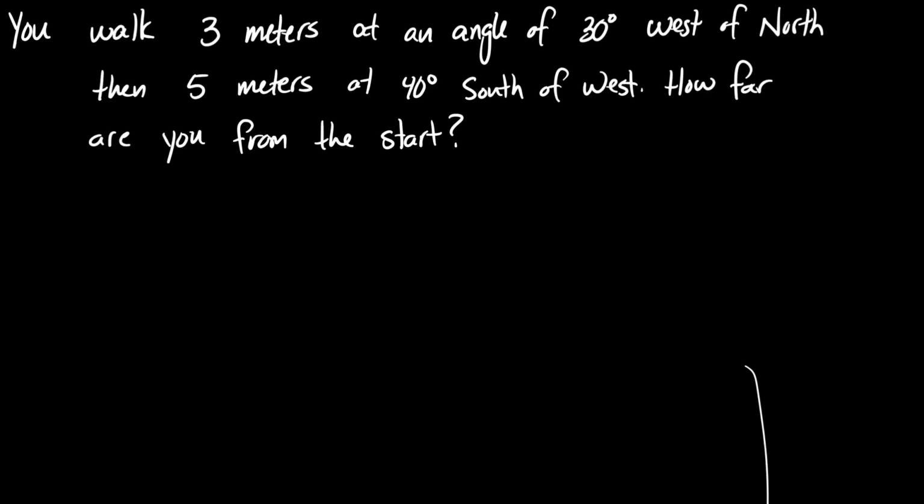In doing these problems, the very first thing you should do is identify any and all given vectors. Okay? That's the first thing you should do. Now, this problem clearly identifies two vectors, the 3-meter vector and the 5-meter vector.